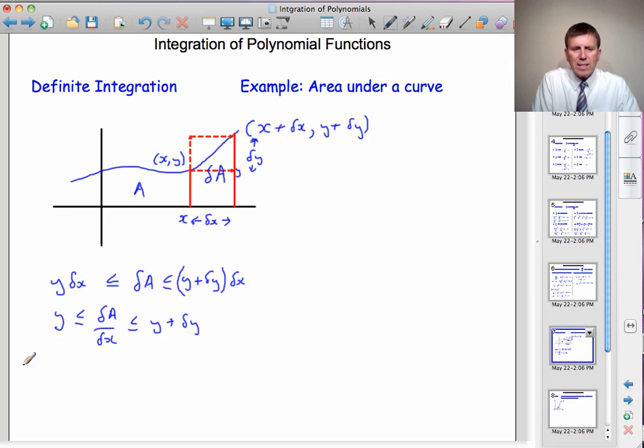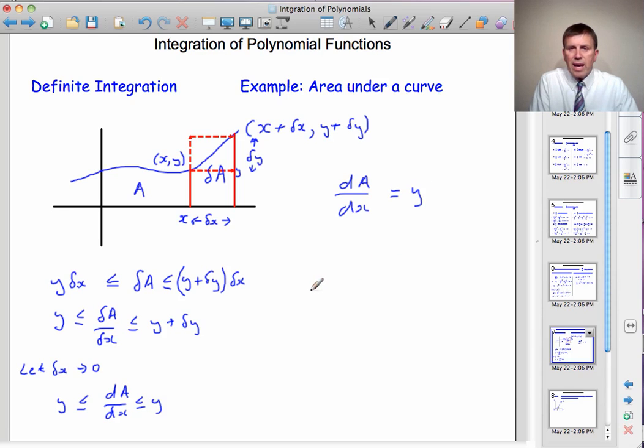So as we let delta x tend to 0, instead of having delta A by delta x, we'll have what we call dA by dx, the differential of A. And you'll see that when delta y tends to 0, this is greater than or equal to y, but it's also less than or equal to y. And so it must be equal to y. So we end up with dA by dx is equal to y.